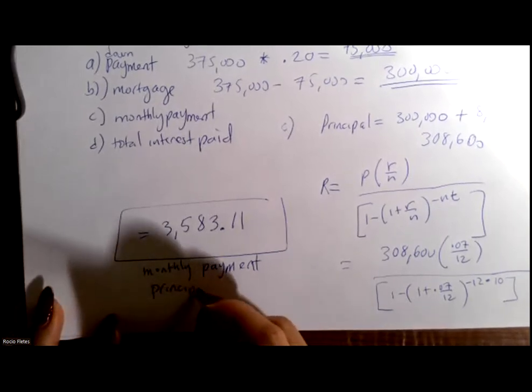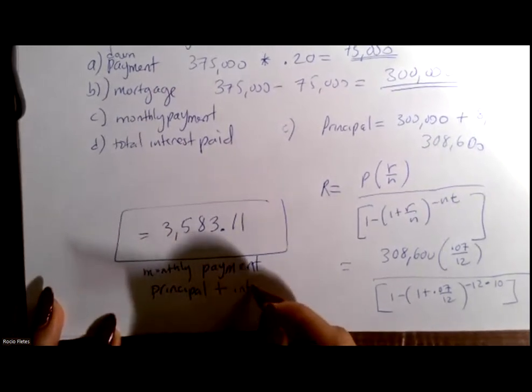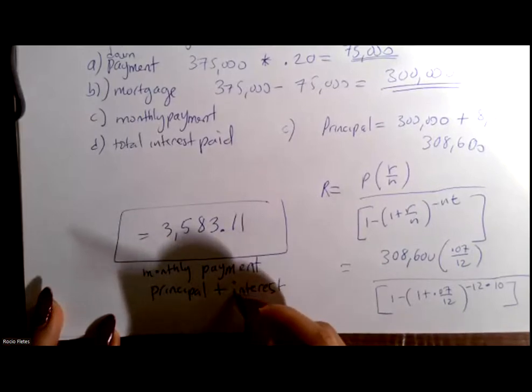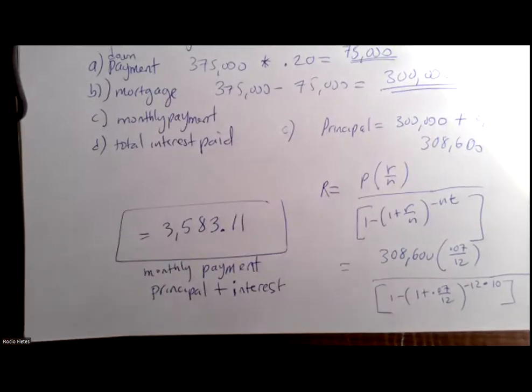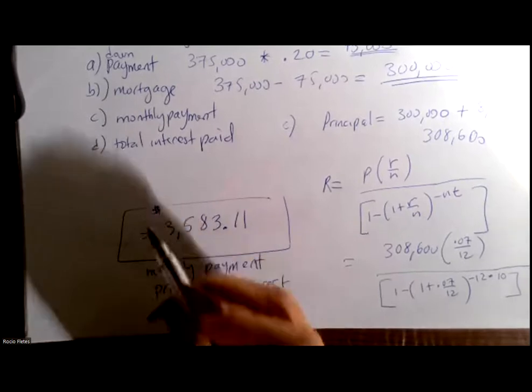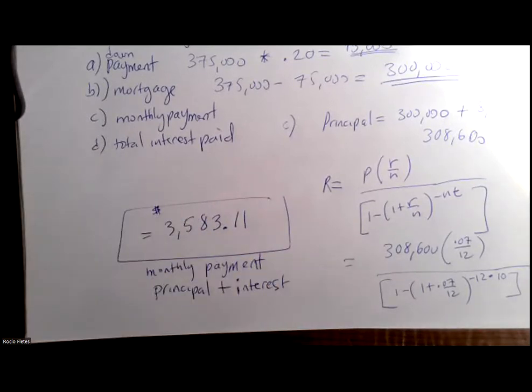It doesn't include your escrow, but it doesn't say anything here about escrow. This is a pretty high payment, but remember this house is going to be paid off in 10 years, so you do expect a high payment here. So that's the payment, and that was part C, the monthly payment.